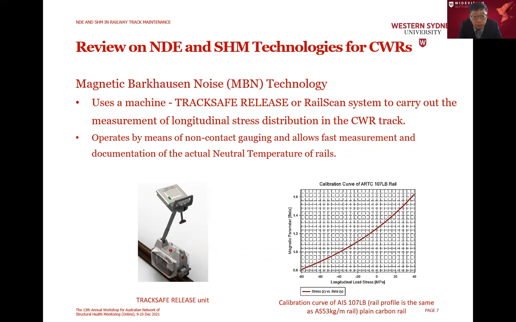On the left-hand side, you can find the image of the TrackSafe unit mounted on the rail. On the right-hand side is a showcase, giving an AS 107 LB rail calibration curve. You can find the relationship between the stress and the magnetic parameter beta.